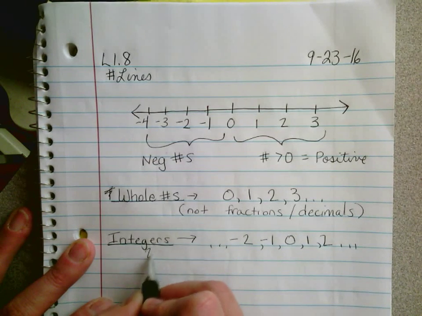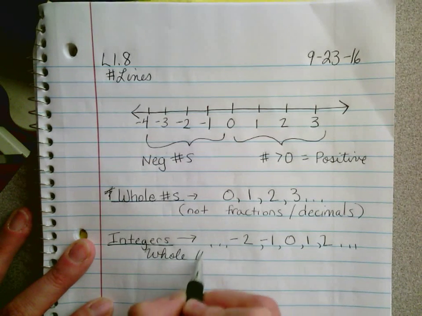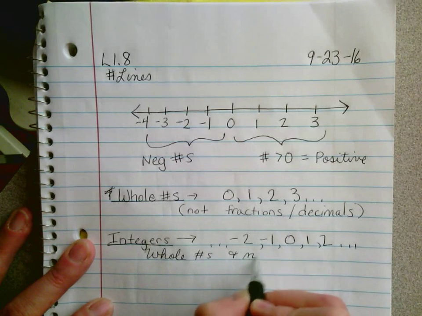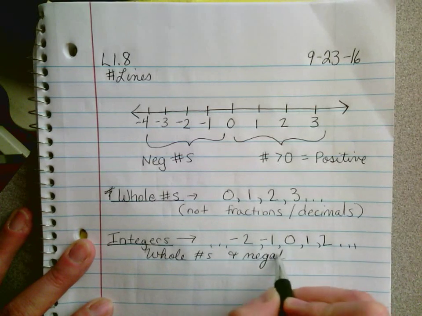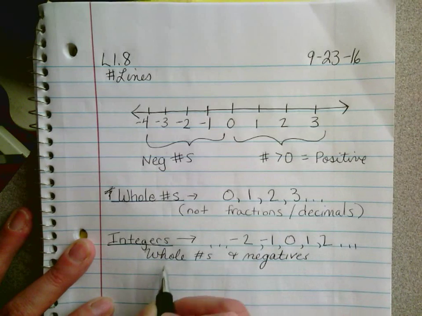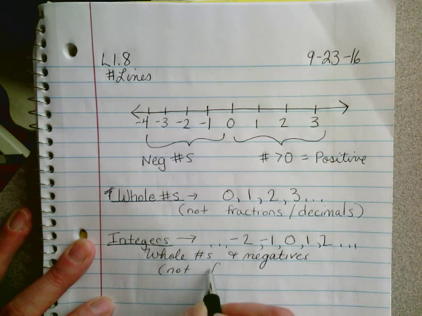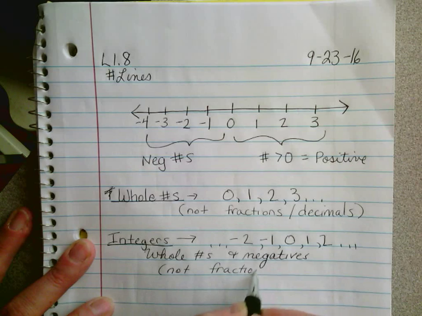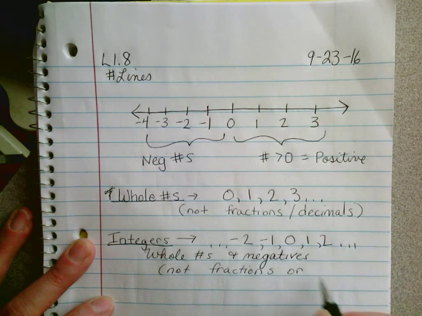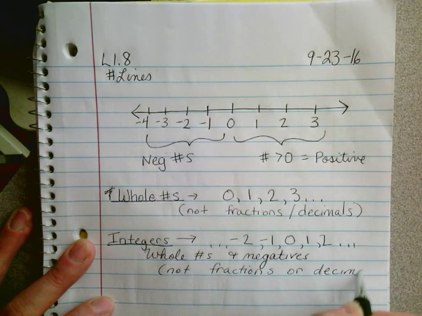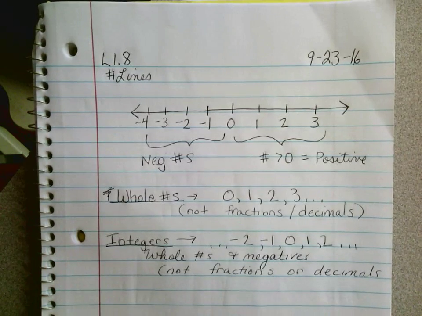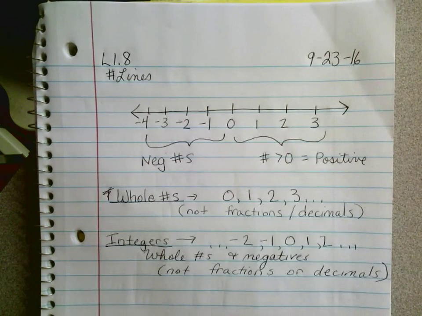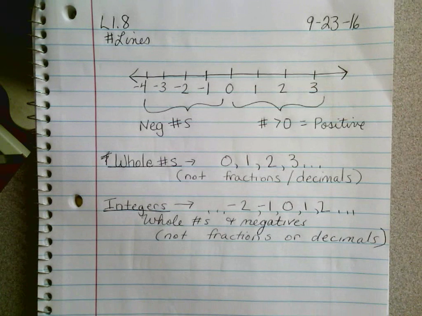Integers are whole numbers and their negatives, or their opposites, but not fractions or decimals. The term integer is extremely important because it indicates that whatever it is you're dealing with is not fractional.